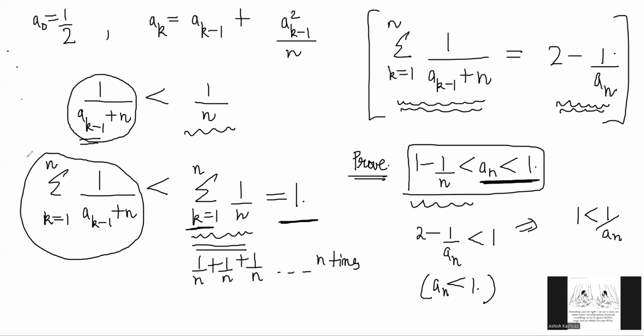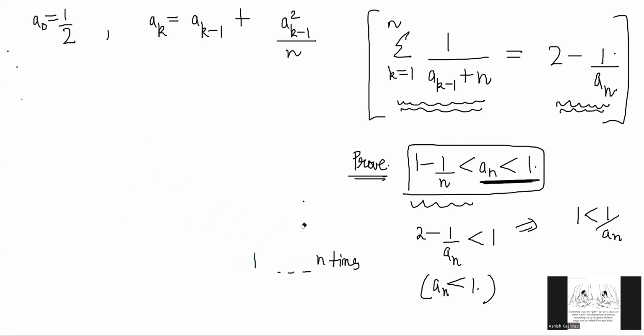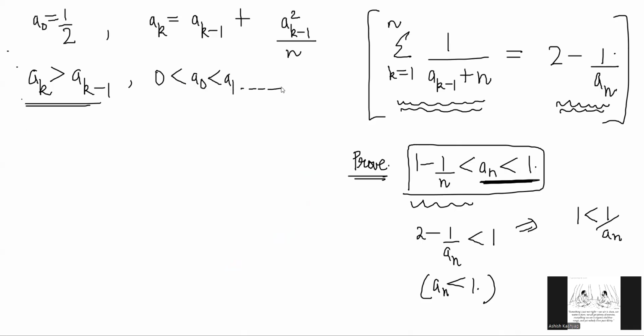So for that, we do a slightly different condition here. What we will do is, we have already seen in the beginning of the problem that every ak was bigger than ak minus 1. The series was increasing in that sense. So we had this condition, 0 is less than a0 less than a1 and so on, less than an, and now we also know an is less than 1.